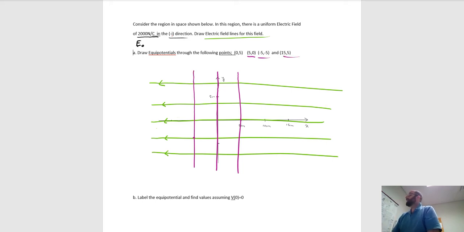And (15, 5): 5 is up here, so (15, 5) is about here, give or take. The equipotential looks like this. Again, right angles everywhere. So there I've drawn equipotentials everywhere. Now I've got this kind of big gap, so I'm going to draw one more right there, even though it didn't say to.